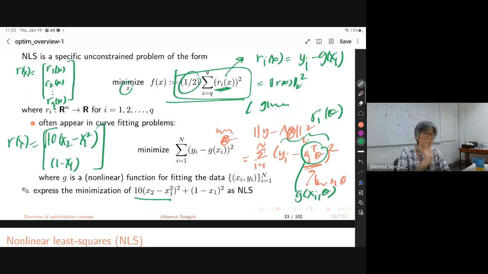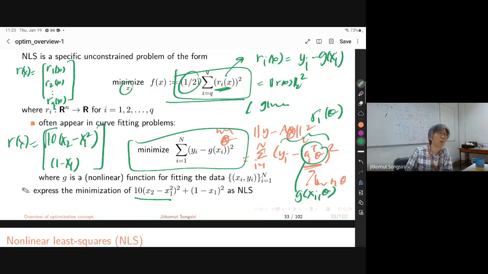Of course, you may ask, what are we going to do with this? Are we going to take the gradient, set it to 0, and solve it? Yes, the algorithm for an unconstrained problem tries to solve it in such a way that you reach the optimal point that satisfies the conditions.